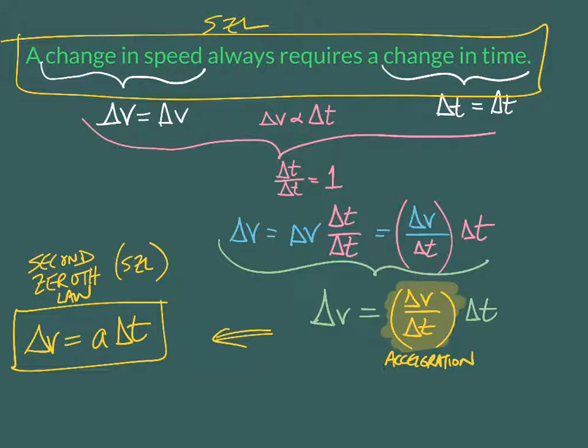So this is the axiom for the second zeroth law. It's another way to state the second zeroth law. And from this, you could write acceleration is delta V per delta T, which is essentially what we said over here.